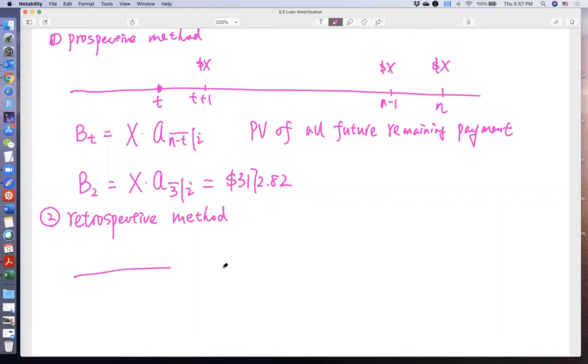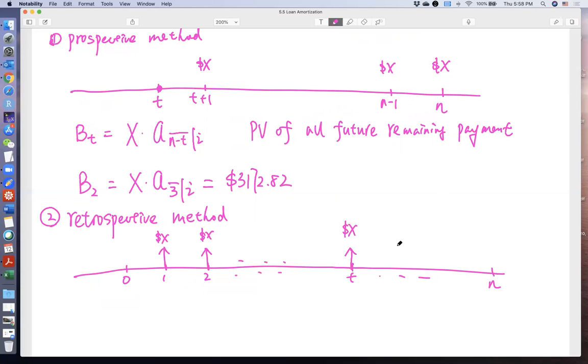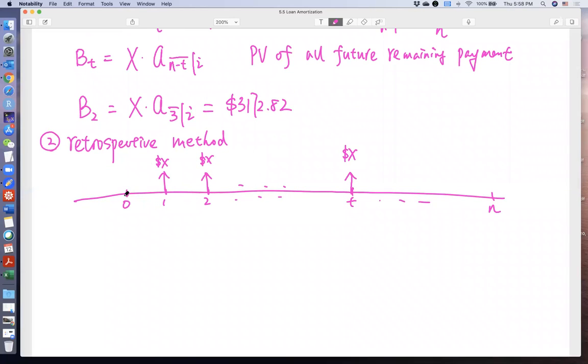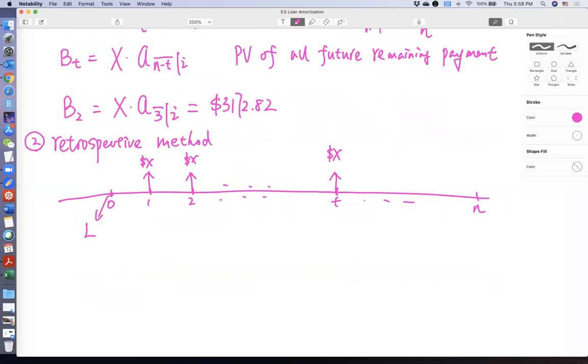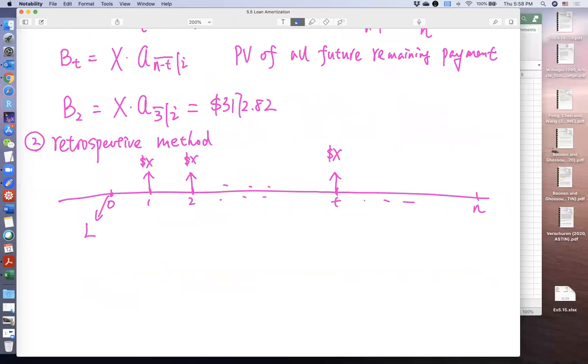Okay. What we do is, 1, 2, all the way to t, and of course it will continue. So what we do is we look at what has already been done. At the beginning, we have some loan amount, which is L. Now what we want is to know, at this point, what would be the remaining balance.